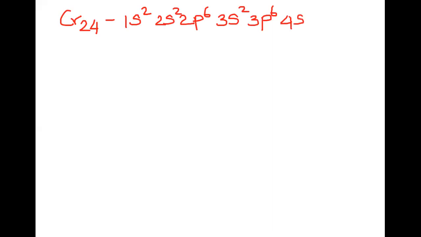Remember, till 4s2 it makes it 20. So it's easier for you to remember. If all the orbitals are completely filled till 4s2, calcium 20, the total number of electrons is 20. Now, then it comes to 3d4.